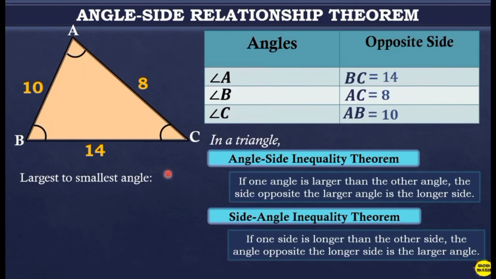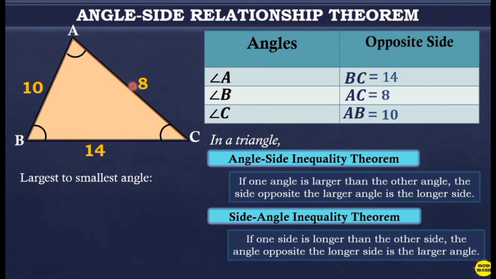How will you know the largest to smallest angle if we are only given sides? Can we identify the largest to smallest angle if only the sides are given?